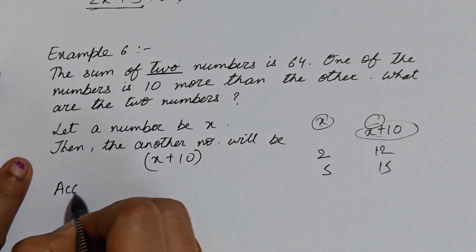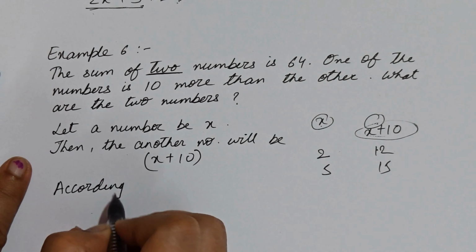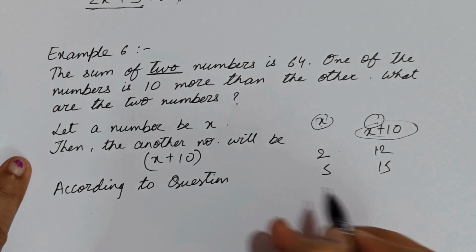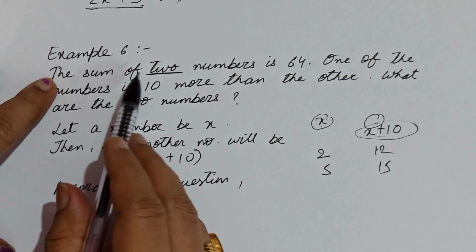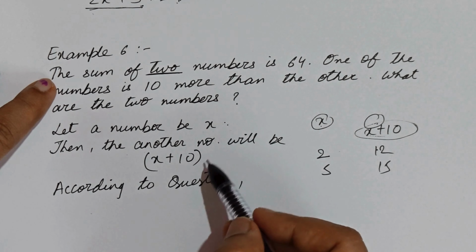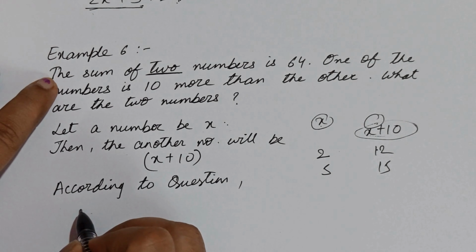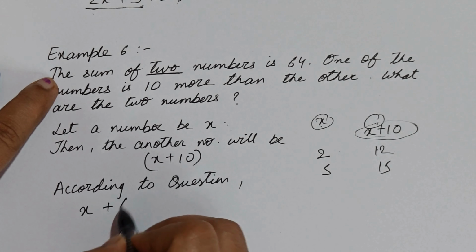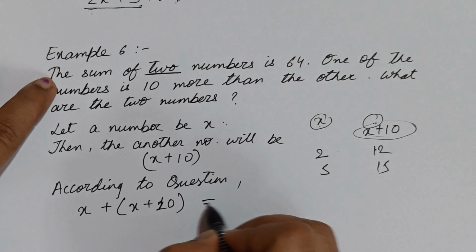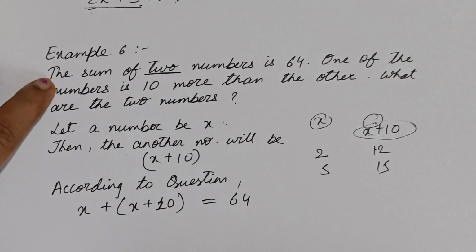Now according to the question, the sum of two numbers is 64. That means the sum, addition of these two numbers is 64. So x plus the second number, x plus 10, and the sum of it is said as 64.